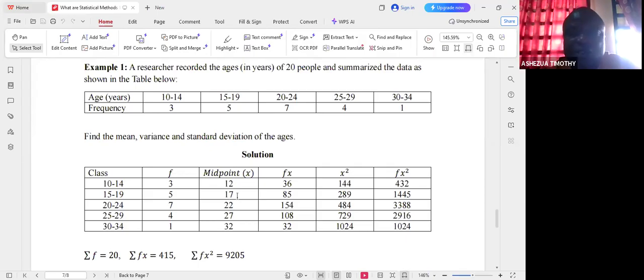You square 17. 17 squared is simply 17 times 17, which gives you 289. How do we get F X squared? F is 5, X squared is 289. When you multiply that together, you get 1445.